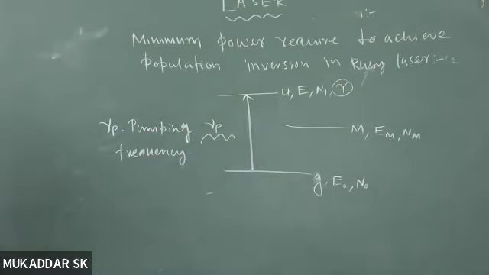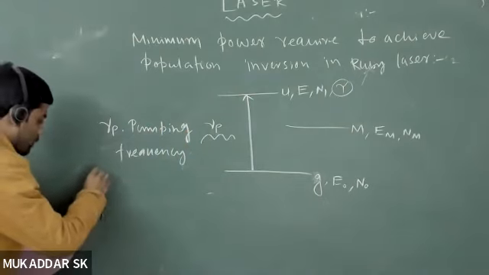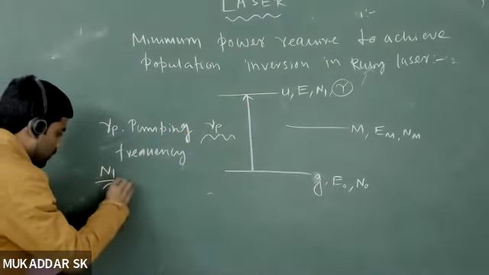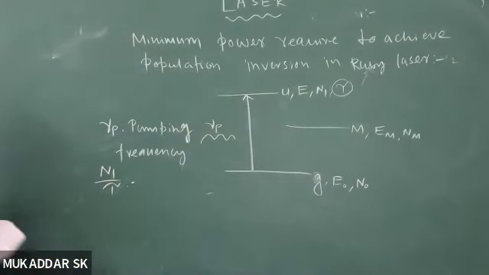Now we know, or I can write, N_on by tau. What is this actually?